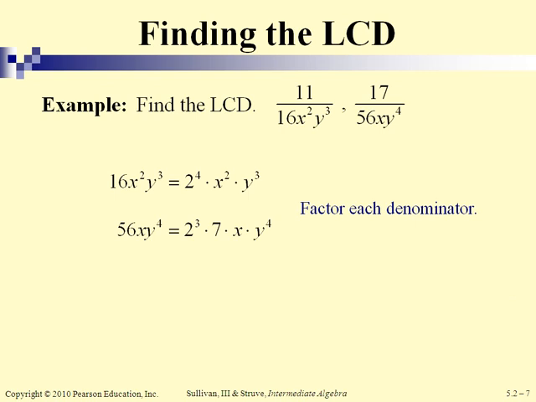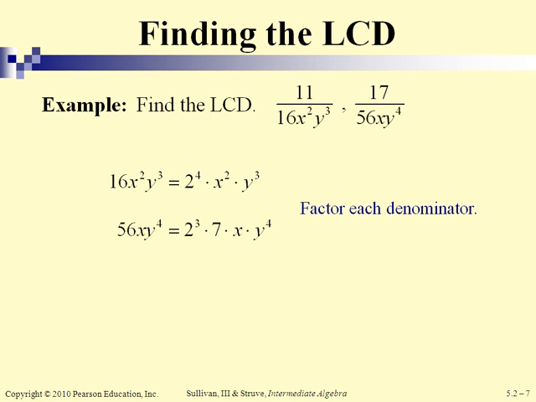Is that okay? For 16, it is 2 to the power 4 times x squared times y cubed. Right? For 56, xy to the power 4, what is 56? It's 7 times 8. So 8 is 2 cubed times 7 times x times y to the power 4.